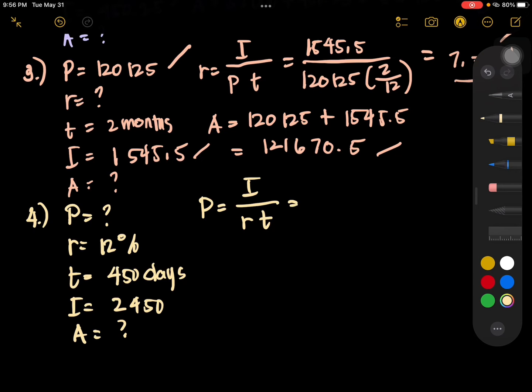So you just plug in, the interest is 2450, divide by the rate, it's 12%. Again, if your calculator does not support percentage, you will write 0.12. And then the time is 450.